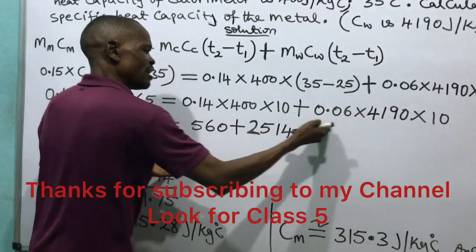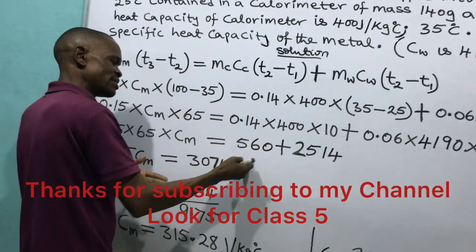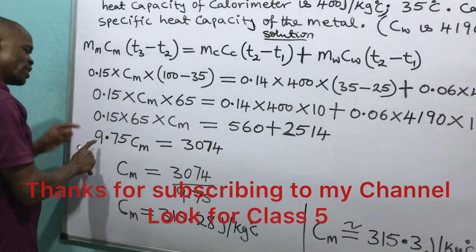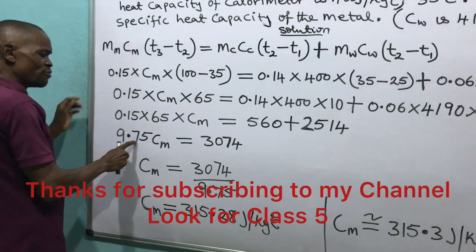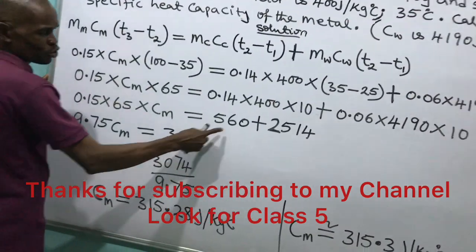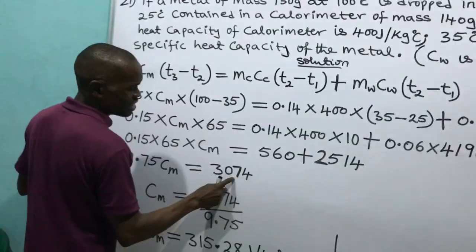Then summing them together, this times this will give me 9.75 times the specific heat capacity of the metal, equals this plus this, which will give me 3074.